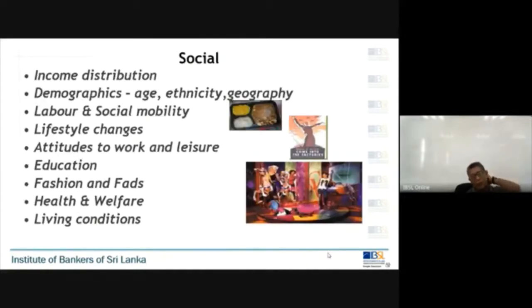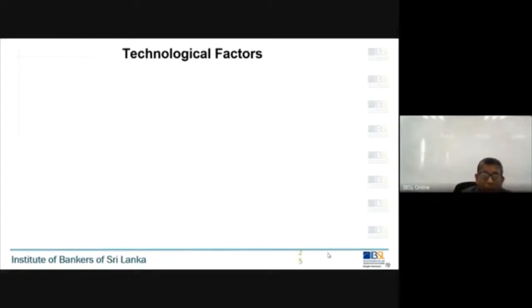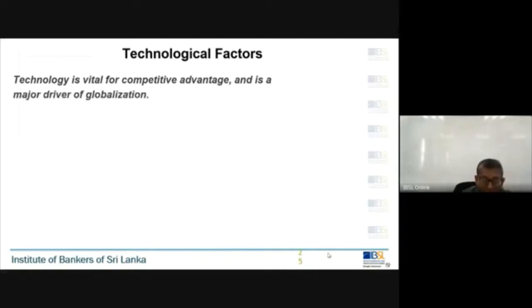business strategy plan. Income distribution, age, ethnicity, geography, lifestyle changes, level of education. Then another factor we need to look at is the technological factor. Of course, banking is a very competitive field.